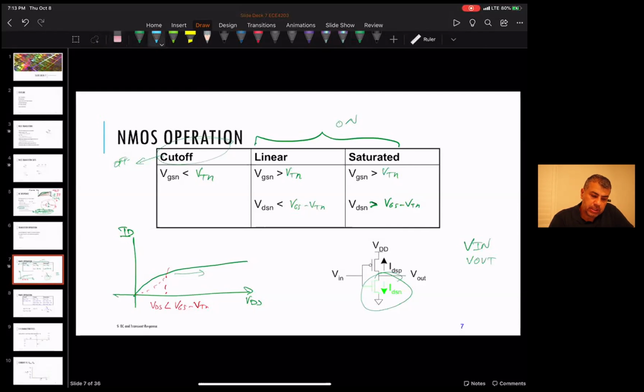Okay, guys, so let's try that. Basically, if we just look at the NMOS, the input goes to the gate of the NMOS. So that's the gate voltage, and the source is ground. So Vn, or I should say VGS, is just equal to Vn.